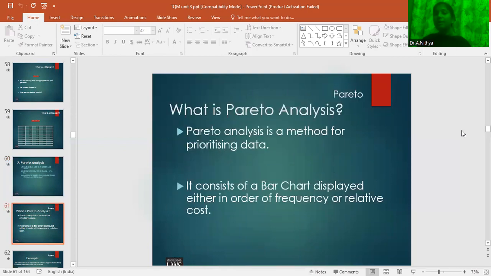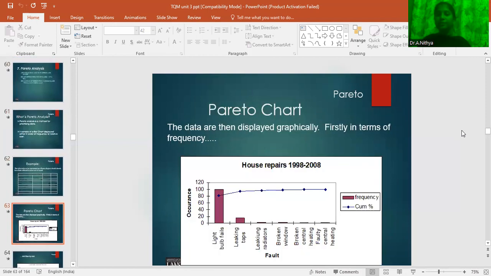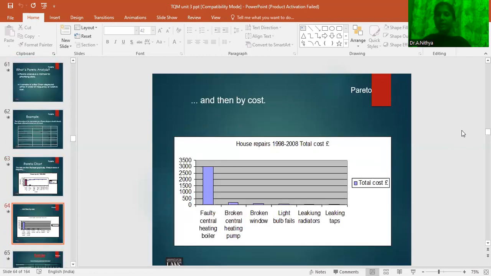So it is a method of prioritizing data. It consists of a bar chart displayed either in order of frequency or relative cost. So here we can see an example. So this is how a Pareto chart is drawn. Another example.